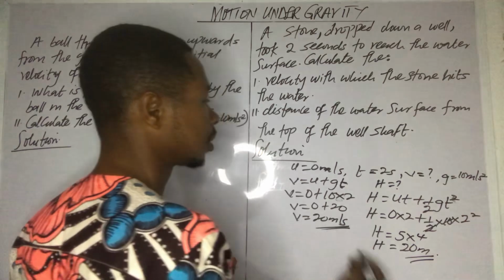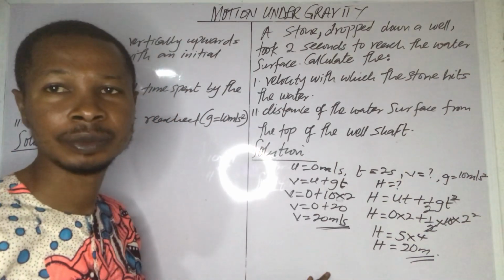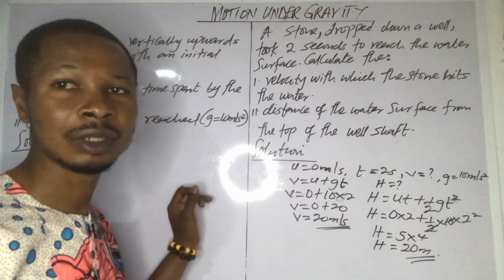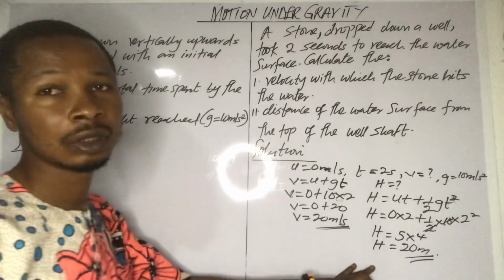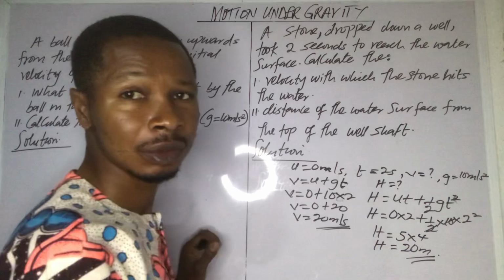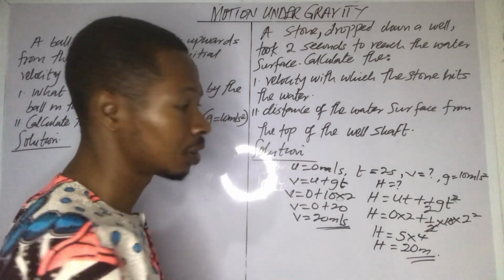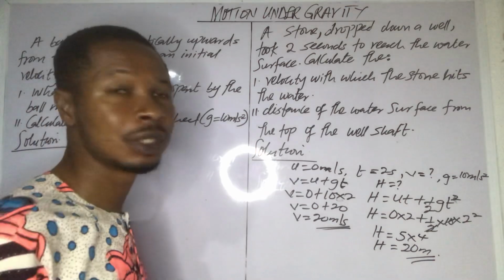So this is what they said we should do in this example. So let's look at this second example also. This second question, you can use this formula to get it, and you can drop your answer in the comment section and see if it's not the same thing with this.